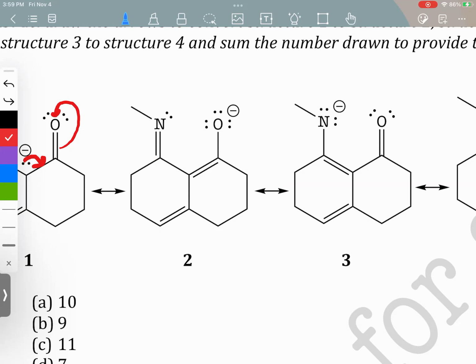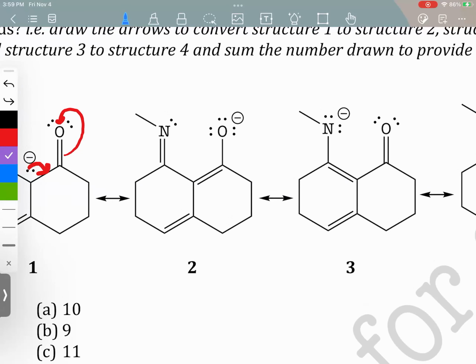So the first movement would come from what do you think? The double bond on the right. It'll come from the electron on oxygen. So first, this moves down before the double bond. Now, you have to break this carbon-carbon bond and move here because you don't want to violate the octet rule.